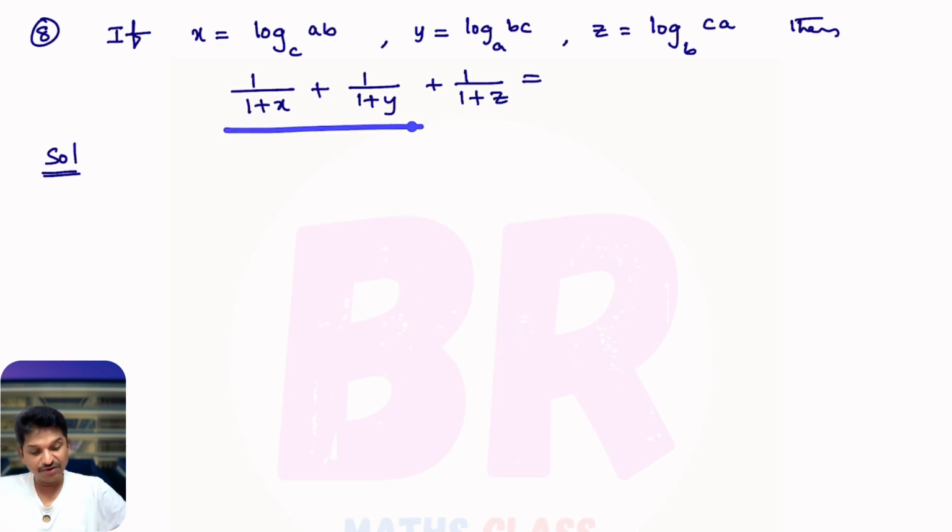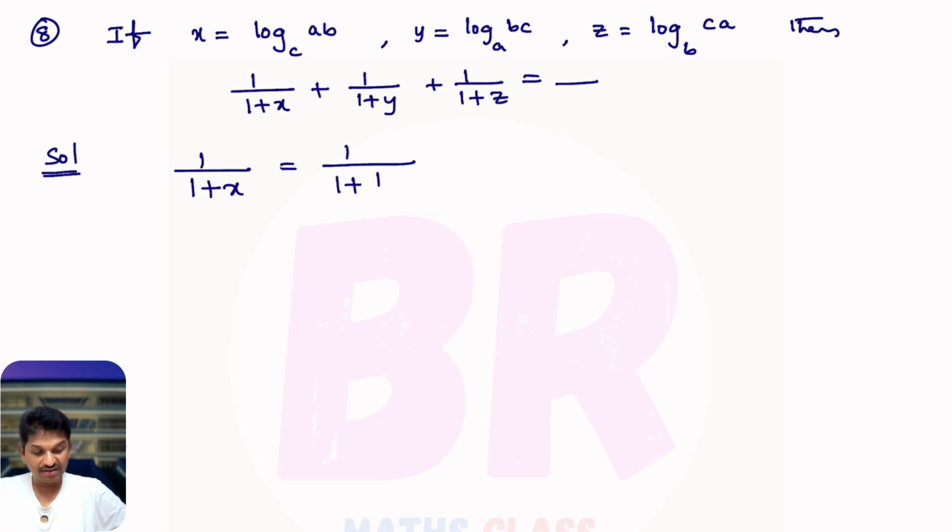They are asking us to find what is its value. What I'll do first, I'll simplify this part. So here 1 divided by 1 plus x they are asking us to find. What is x? x is logarithm of AB base C. To simplify this further, this 1 is there now.